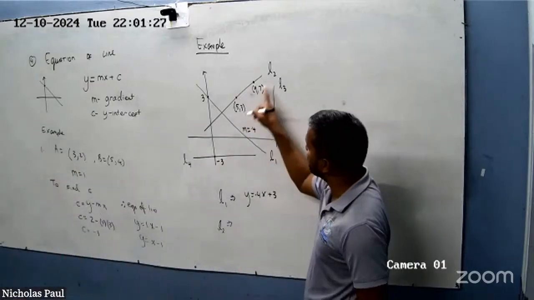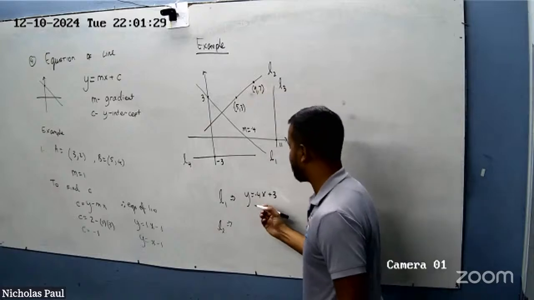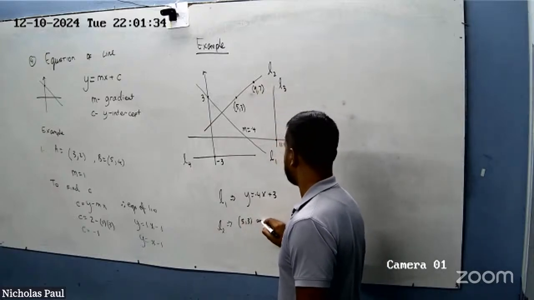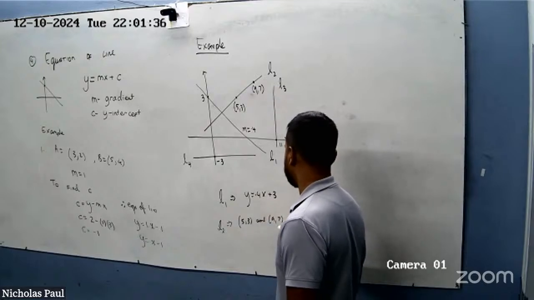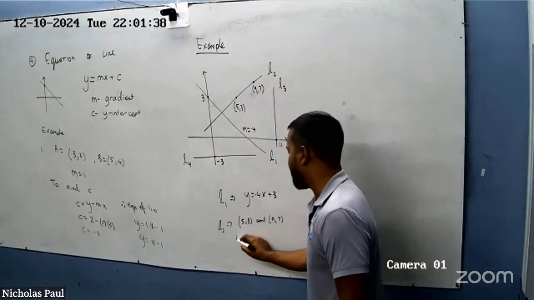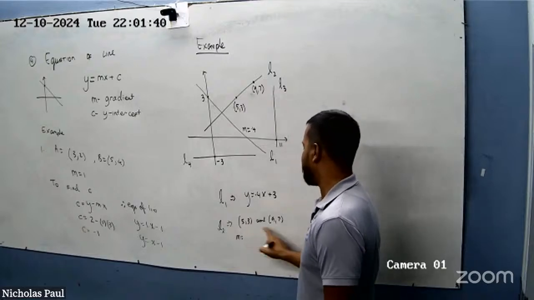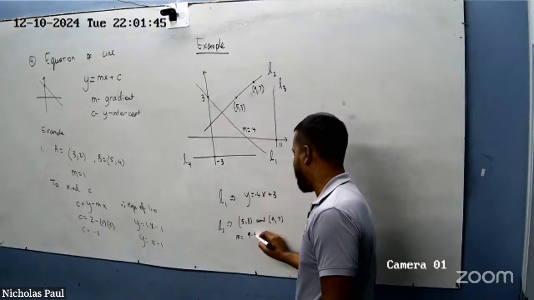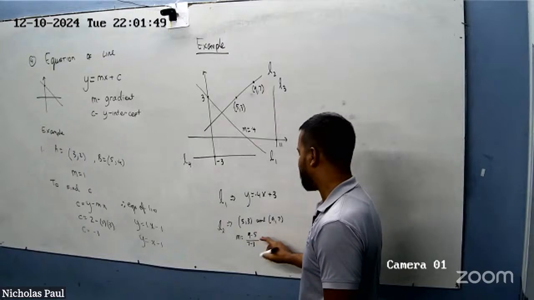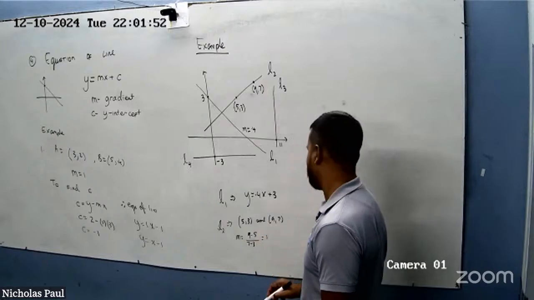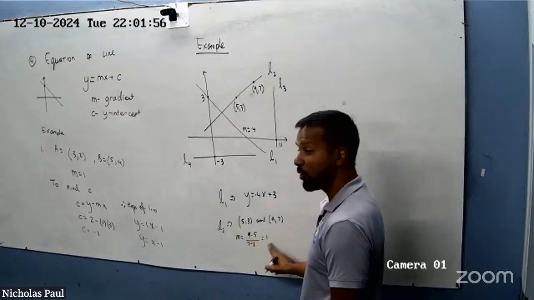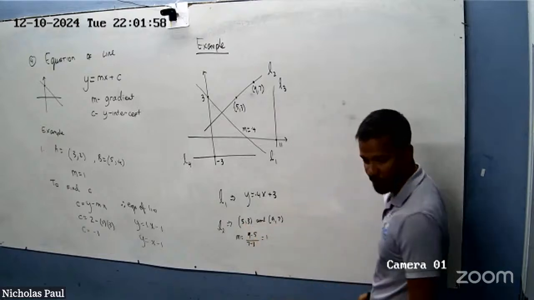So line 2 uses these 2 points here: 5, 3, and 9, 7. So the gradient for these 2 points will be 9 minus 5 over 7 minus 3. 9 minus 5 is 4, 7 minus 3 is 4, so 1 again. So the gradient is 1.